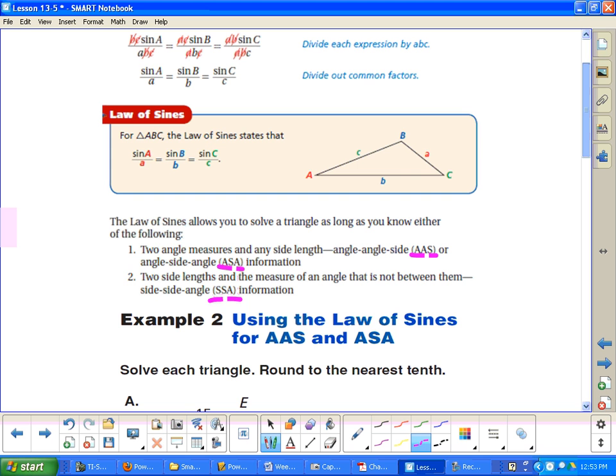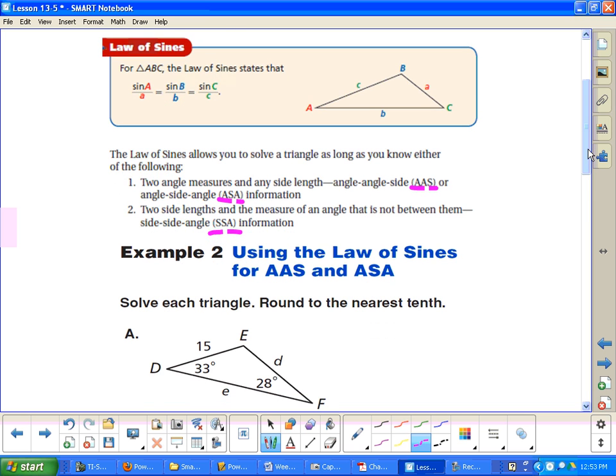Now, in geometry, you can't use that. It doesn't work. My theory about the SSA congruence is you can only use it if it applies to you spelled backwards. That's the only time you can use it. Otherwise, it doesn't work.